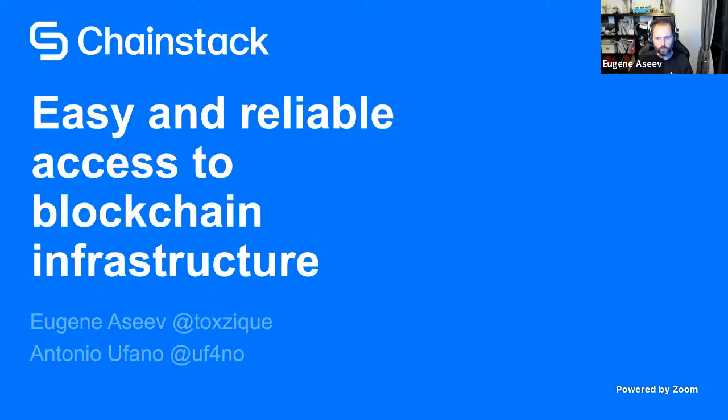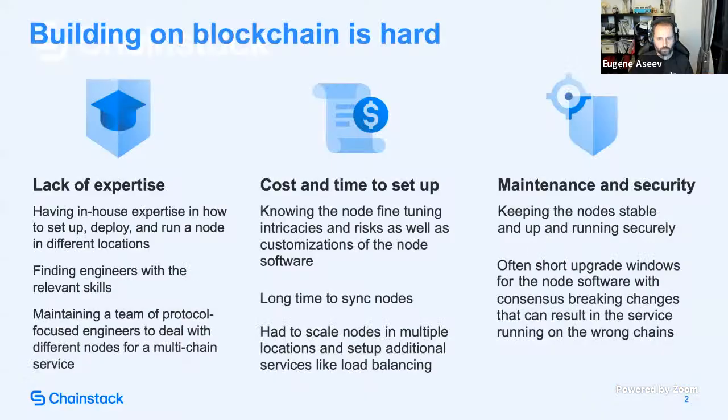And most of you, for sure, use some node APIs, whether it's a node that you run yourself or you use some service like Infura, Alchemy, Chainstack. There are many other services that provide this sort of infrastructure today. So we are one of the top vendors in the space, and we're happy to share a little bit more on what we do and how we would like to support the ecosystem.